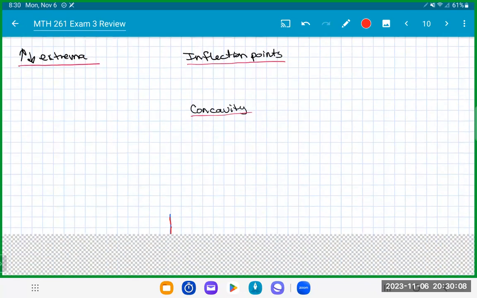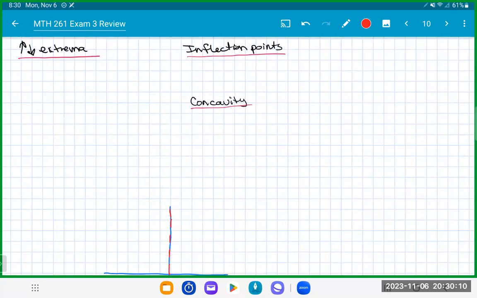So looking at the extrema, it is negative infinity to 0 and 0 to infinity. The test values here can be -1 and 1.